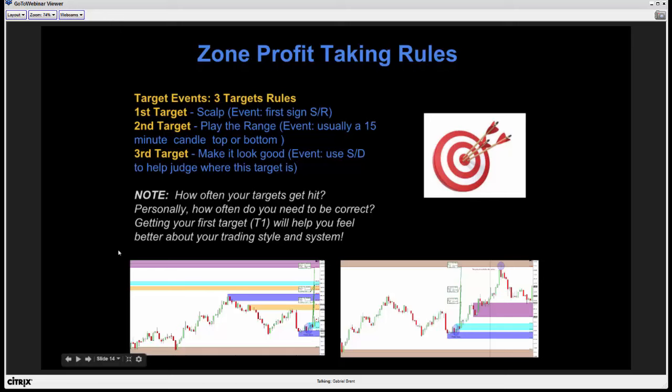So speaking a little bit more about targets and how to use the zones for targets, this is just my personal choice or my personal trade plan, if you will, but I like to take a real quick first target, and I call it a scalping target. It's a first sign of support and resistance as it comes into place, and again, these zones help us identify where that first sign of SR is going to happen.